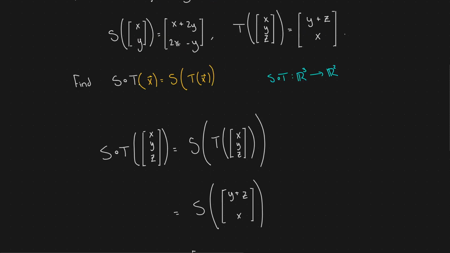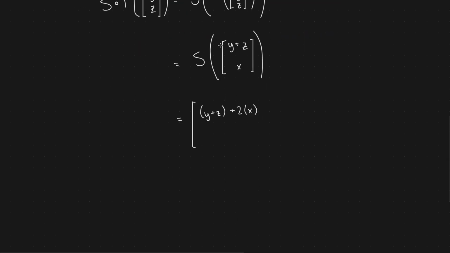And the second component of the output is going to be 2 times the first component of the input, which is y plus z, minus the second component of the input.